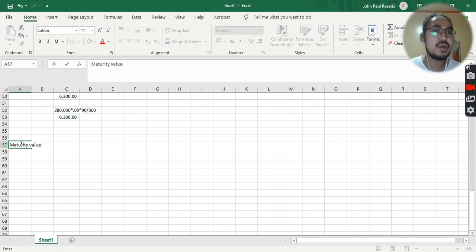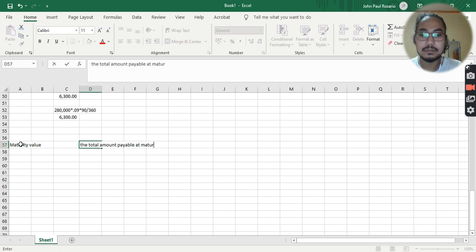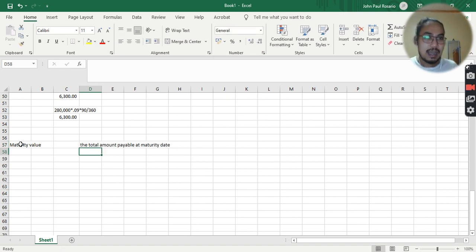So, when we say maturity value, this is the total amount payable at maturity date. Di ba nangutang ka, tas magbayad ka after 1 year, di ang mahitabuan na imong bayaran is both the principal and the interest.